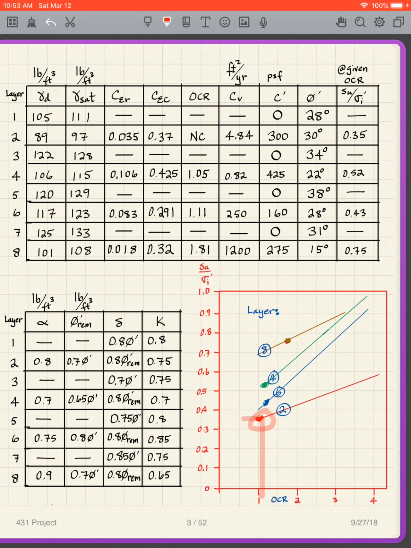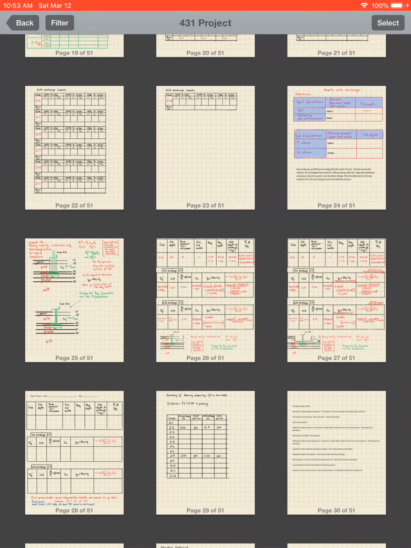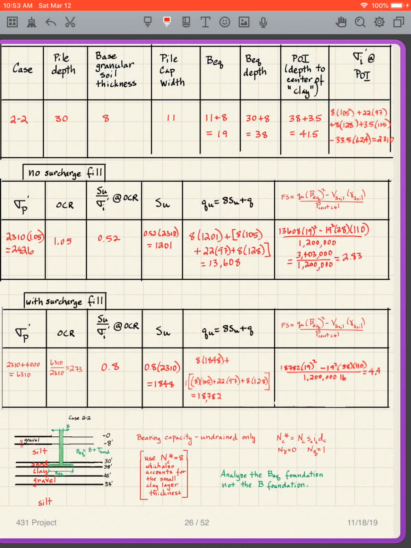So the numbers here are the points given there. We have to read the chart for other OCRs, and we'll see how that works. So we have our SU over sigma prime I at our OCR of 0.52. So there's our sigma prime I. I take the 2310 goes there, the 0.52 goes there, and I get my SU, 1201 PSF.